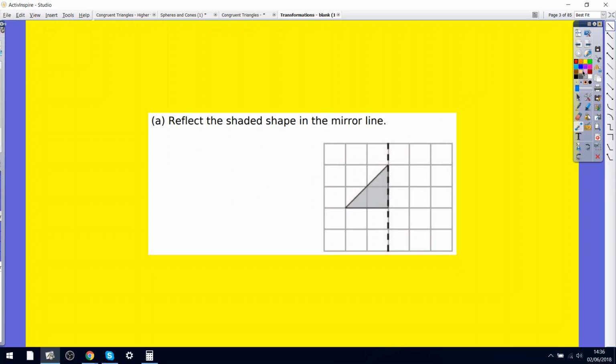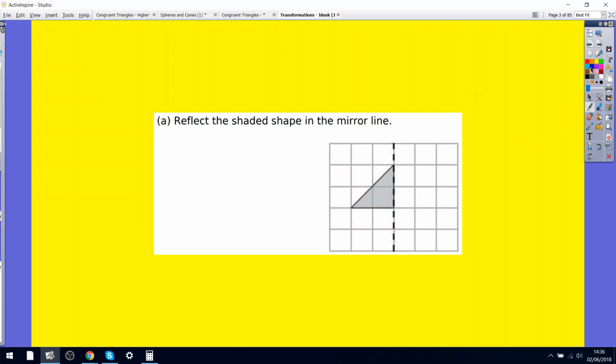So how would you reflect this in the mirror line? Mm-hmm.